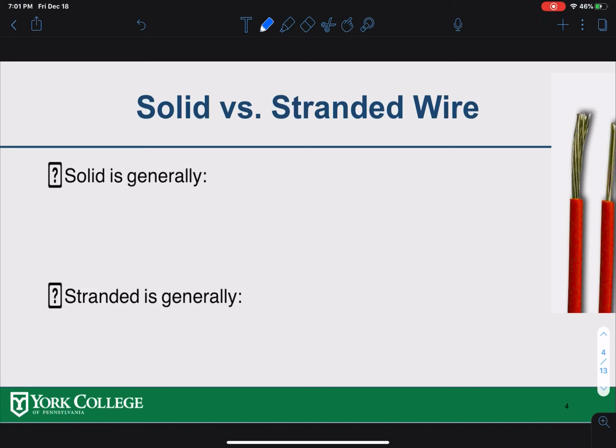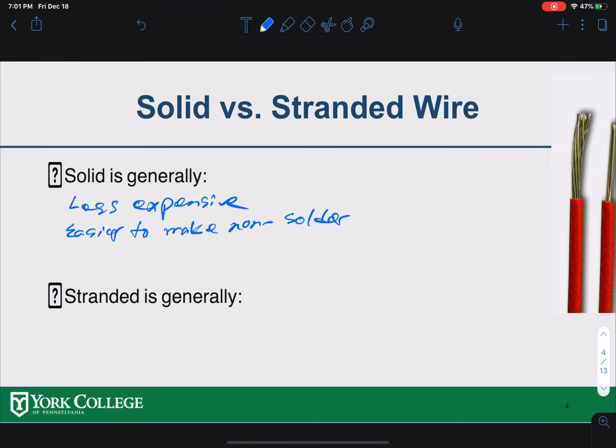So solid is usually less expensive, and also is easier to make non-solder connection.